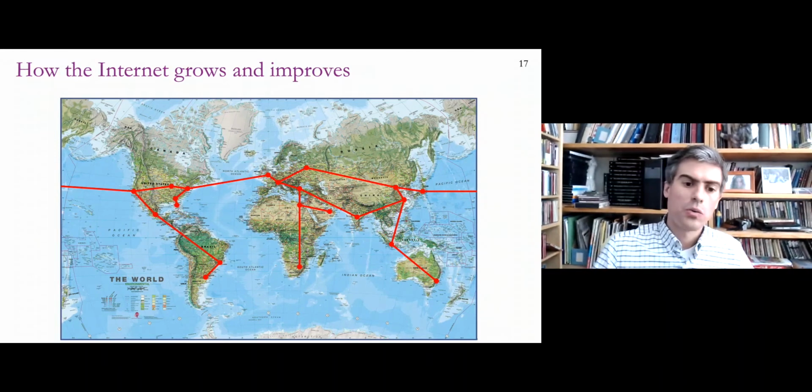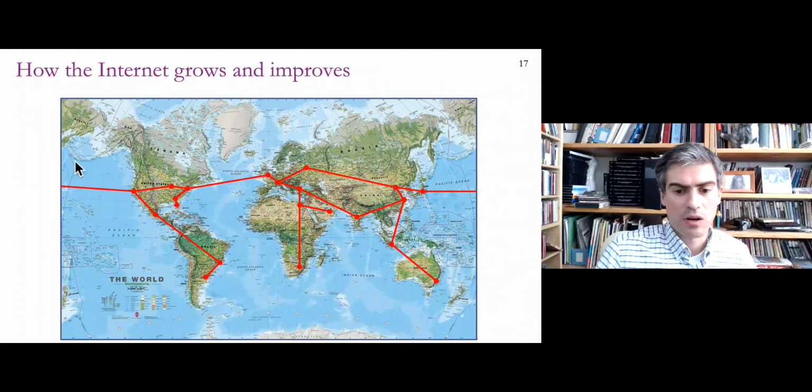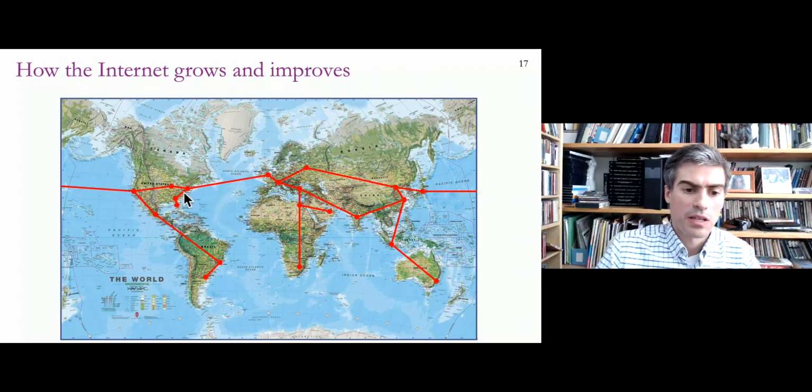Okay, so this is just an illustration. This is not a real network, but let's imagine that the internet backbone is as drawn here with the red links. So these red links represent big fiber optic cables that provide a large amount of bandwidth between these dots, which are routers.